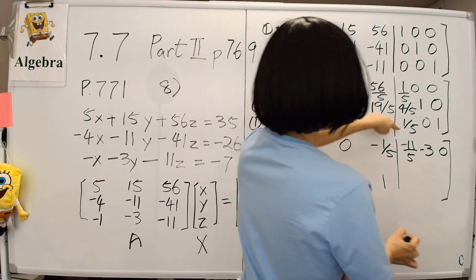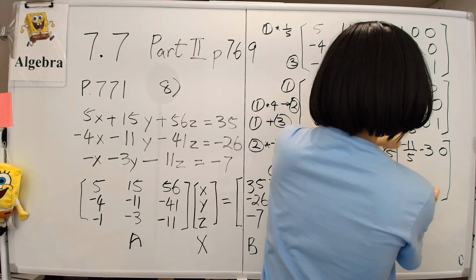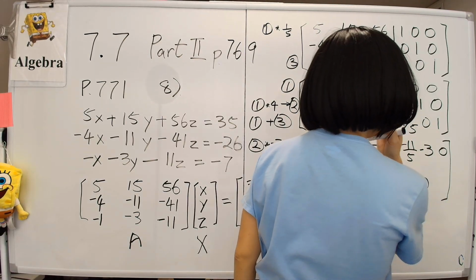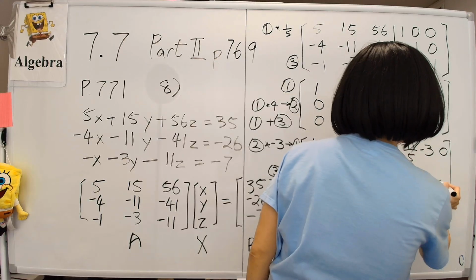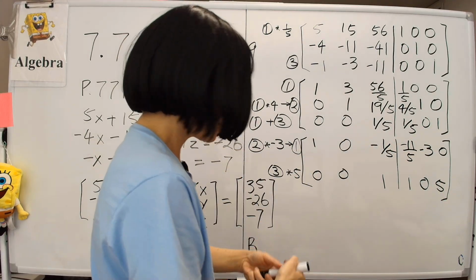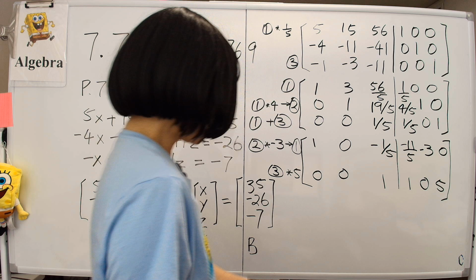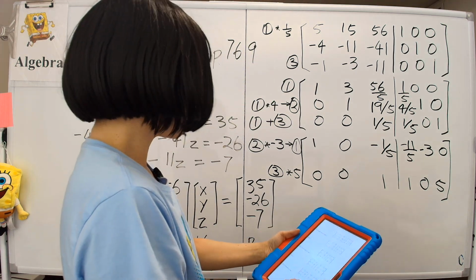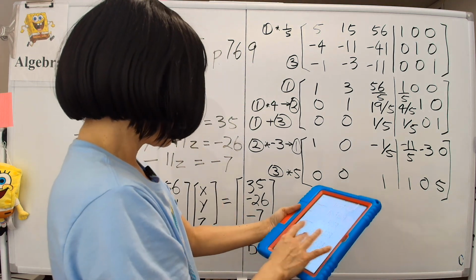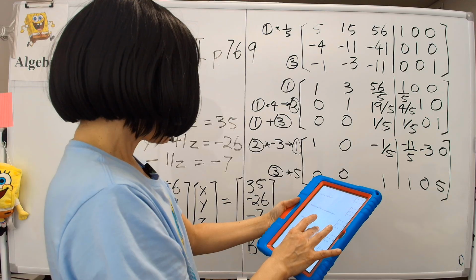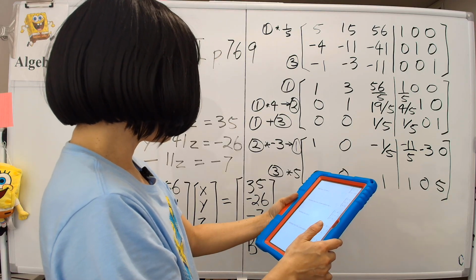And then this thing is also 1 and 0 and 5, right? Okay, so that should be right. But let me check to just be sure. Okay, that looks good.